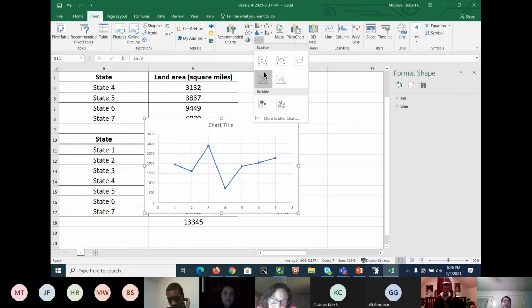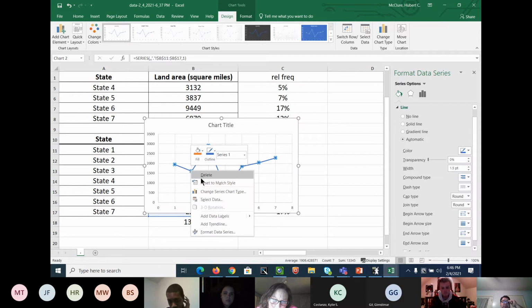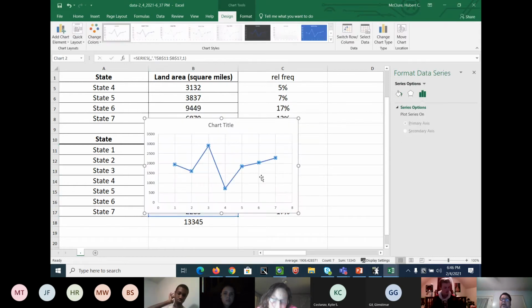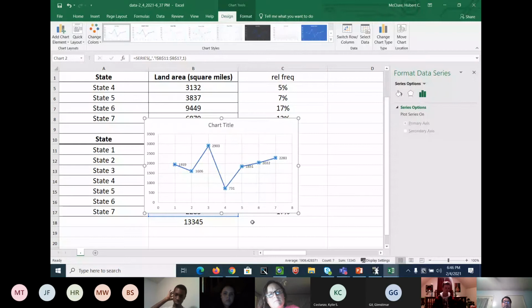And there you go. You could right click on this and select data. I don't know if you can do that on this one. Hold on a second. Add data labels. There you go. So this state has an elevation of 1939.